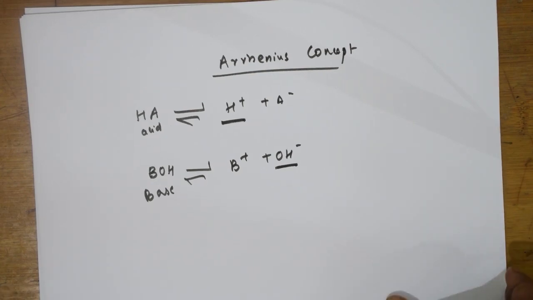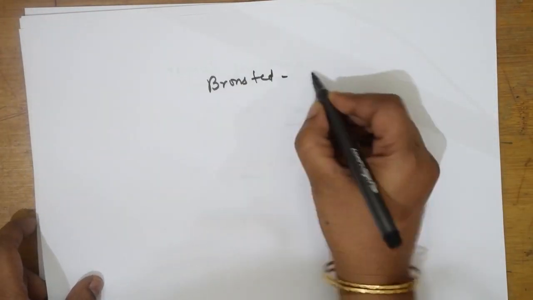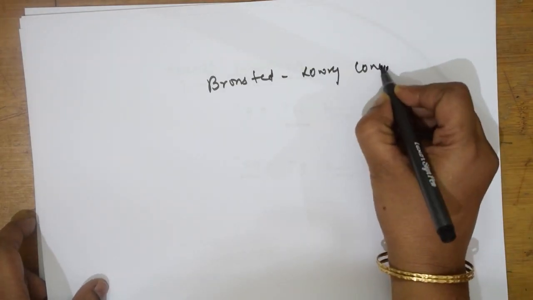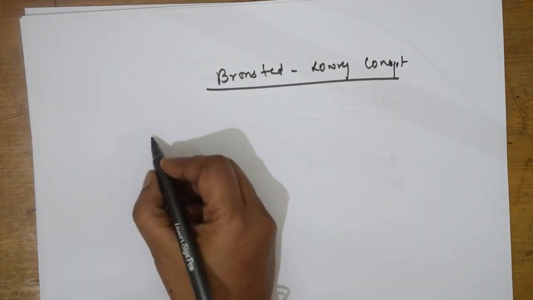Now let us take the next concept, Bronsted-Lowry. In this concept, here also we speak about an acid and a base.